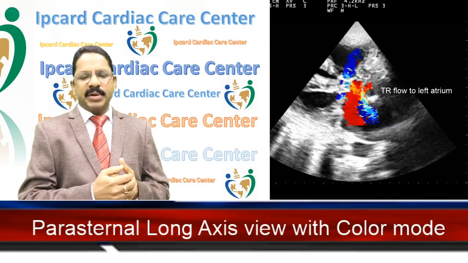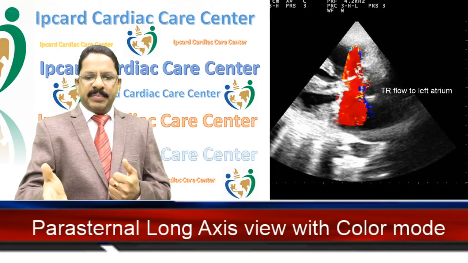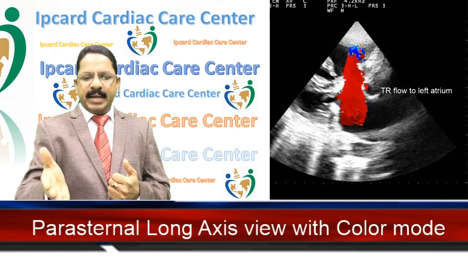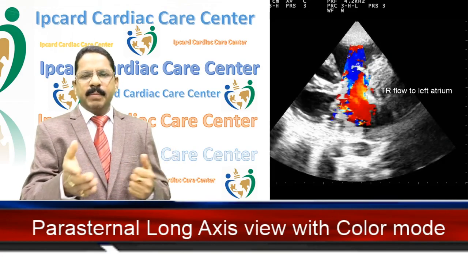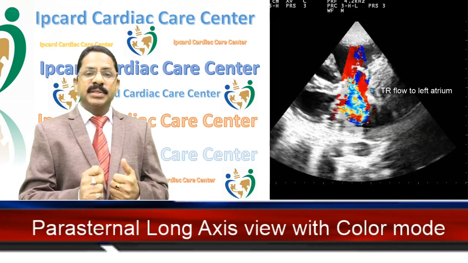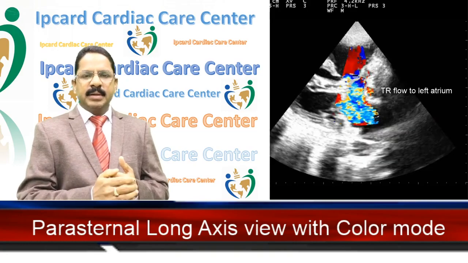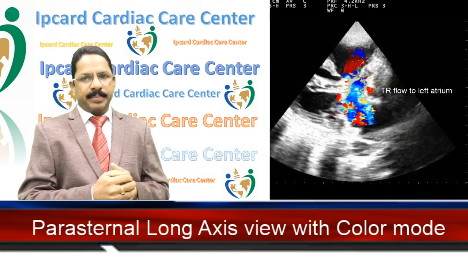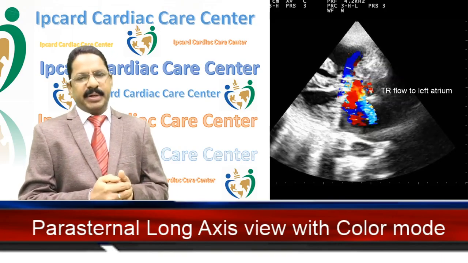This is a parasternal long axis view. As I said before, the flow from the tricuspid valve is coming directly into the left atrium. Here you can see the left atrium is completely filled by tricuspid flow. So the patient has irreversible severe pulmonary artery hypertension. Her pulmonary artery pressure is 120 mm mercury, whereas the normal pulmonary artery pressure should be less than 30 mm mercury.